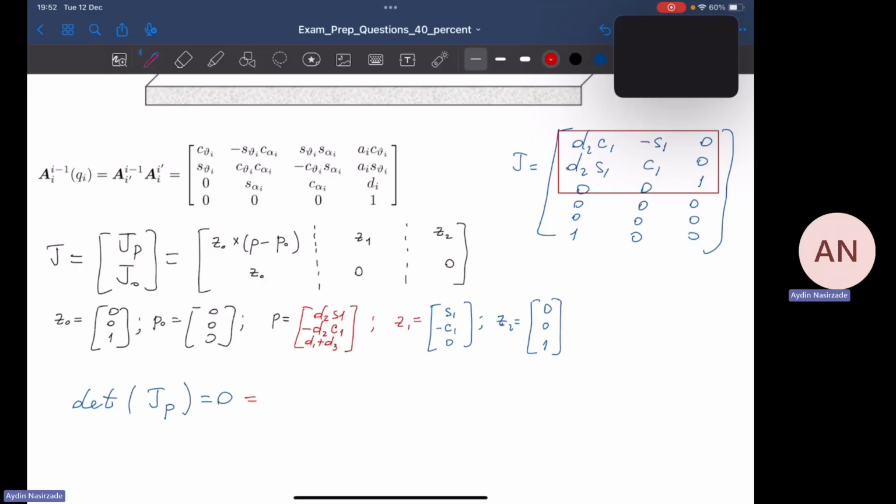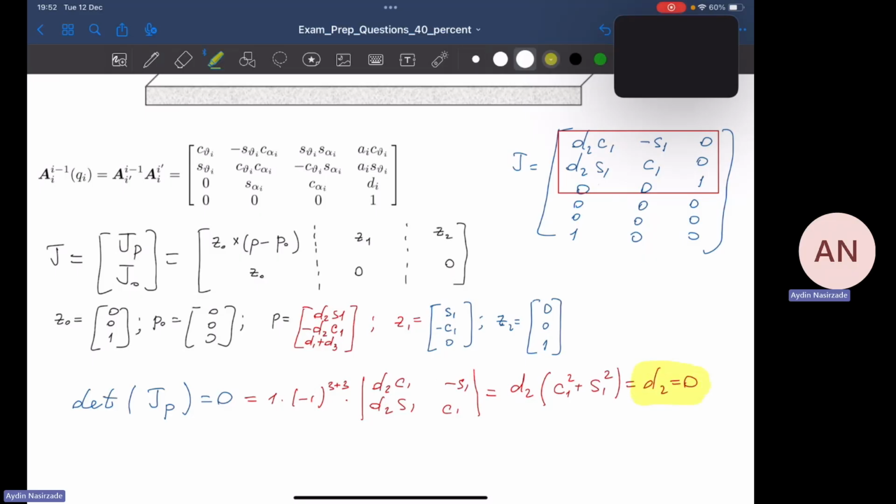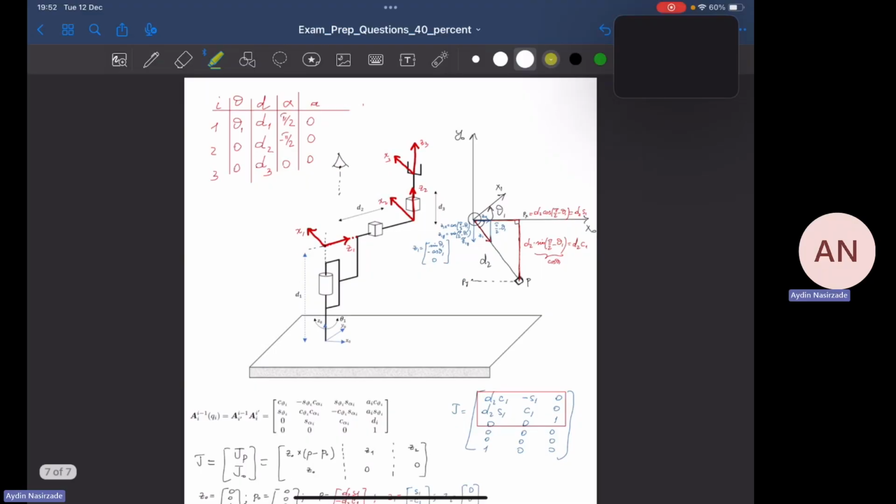So it's going to be 1 times minus 1 over 3 plus 3 times D2C1, D2S1, minus S1C1. And we get D2 times cosine of theta 1 squared plus sine of theta 1 squared. So D2 is going to be 0. Now this is the singularity point for the given manipulator. That's it.